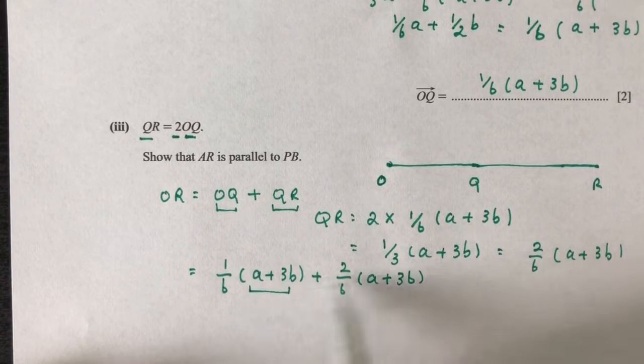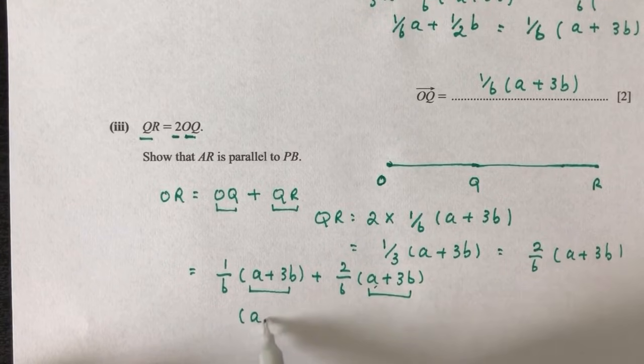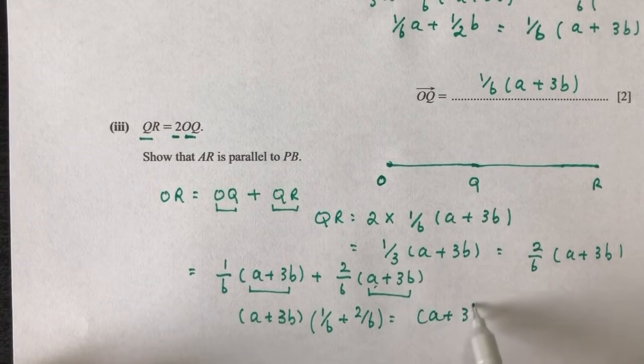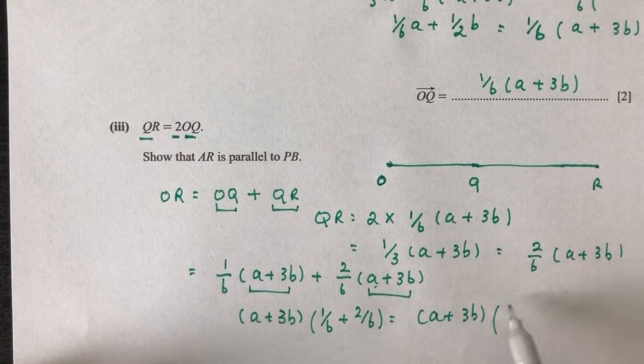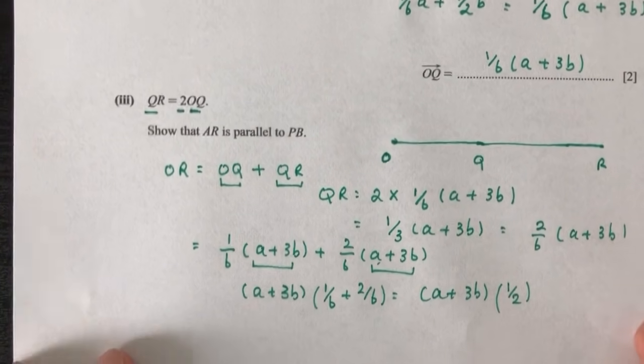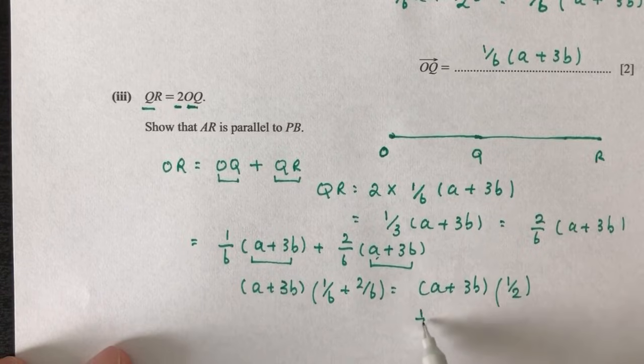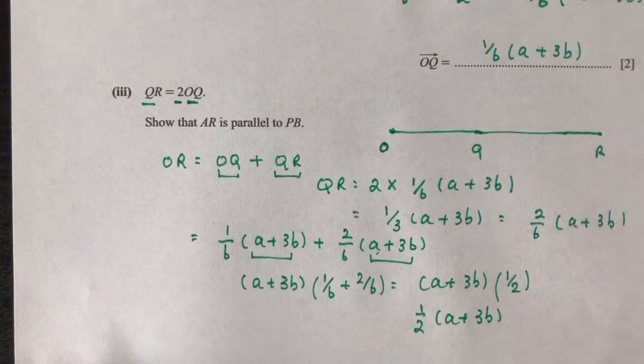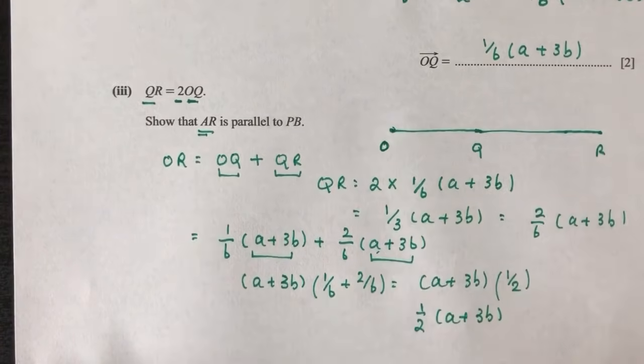So this is the same, so we factorize that. And the rest will become 1 over 6 plus 2 over 6, that will be 3 over 6, which is half. So value of OR is half of (a plus 3b). So now we have to find the value of AR. What is AR?